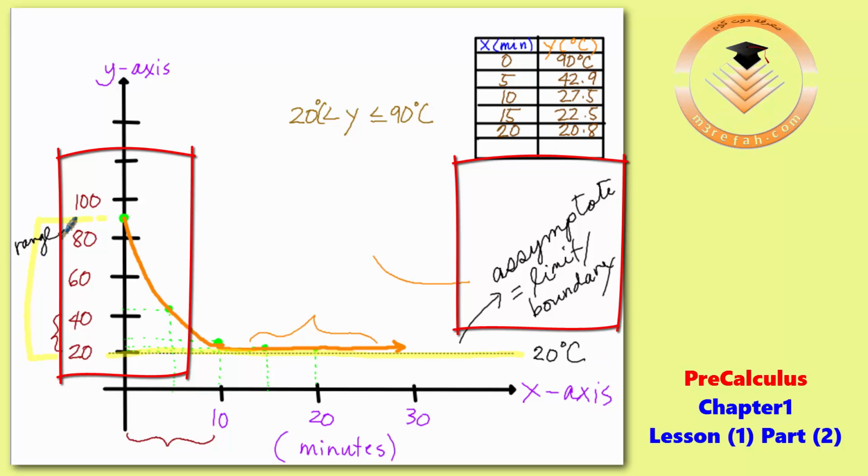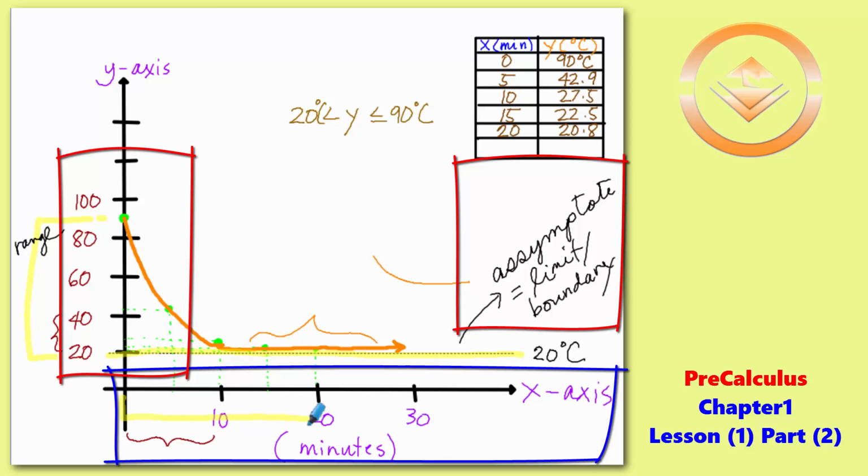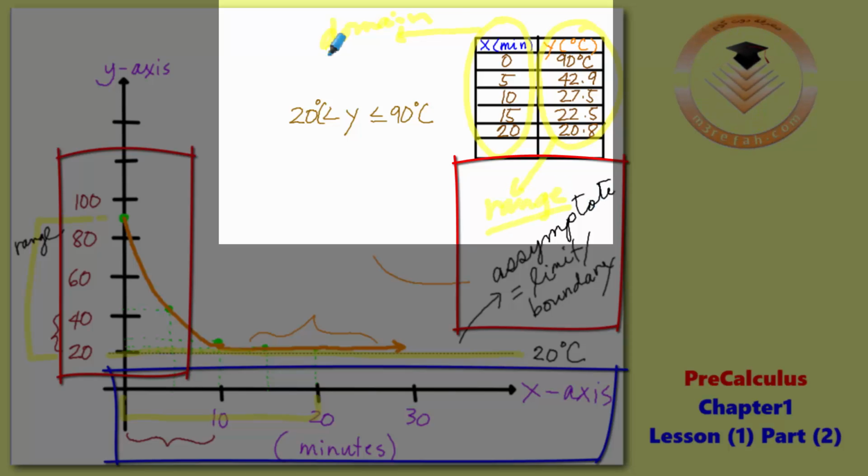What is our domain? Our domain would be from 0 to 20. This one, okay, this is our domain. This is our range. So what is our domain?